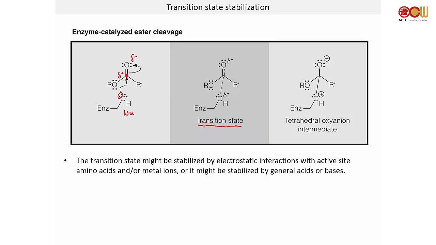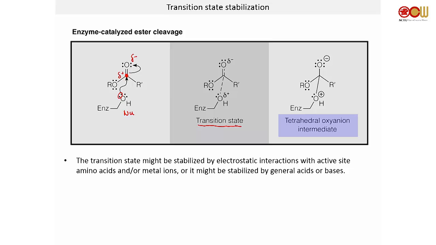Ester cleavage meaning we're going to remove this OR group and turn it into an OH. So you are going to have some kind of intermediate nucleophile that will attack the carbonyl center such that you end up with this tetrahedral oxyanion intermediate.